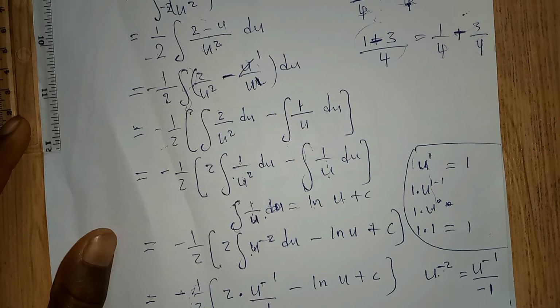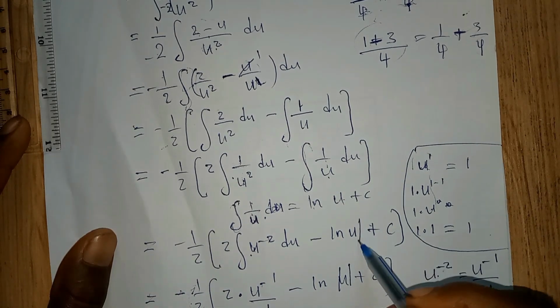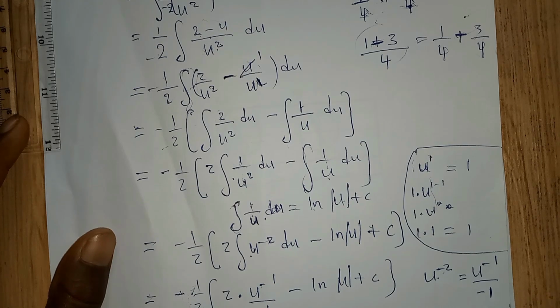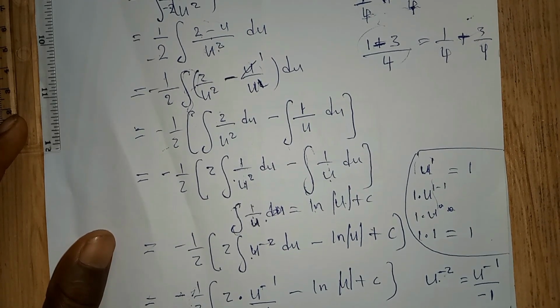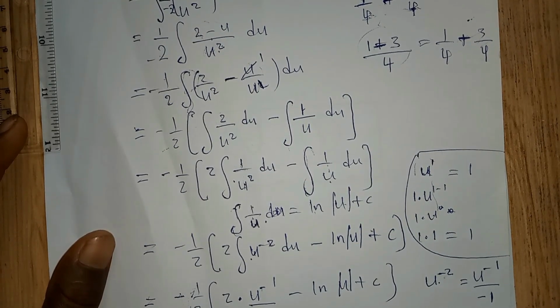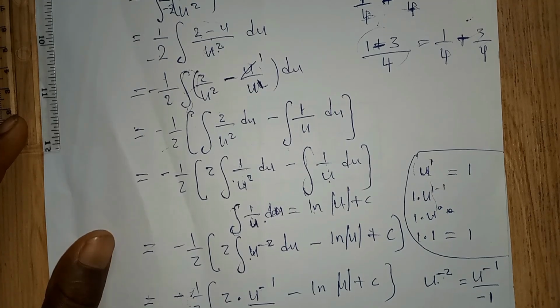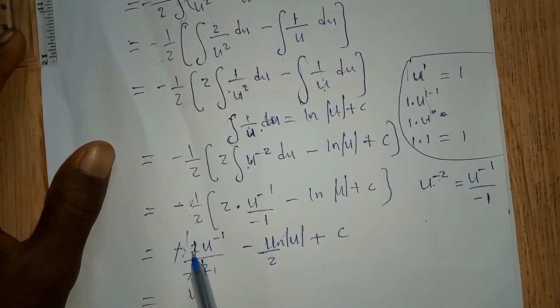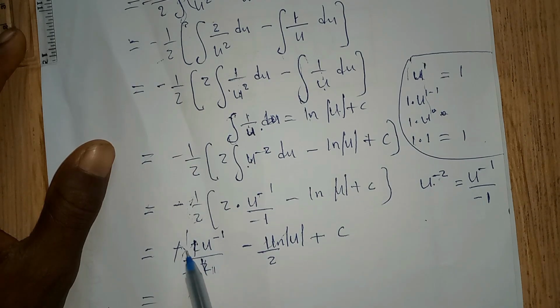Let me put this u like this so that we don't get confused. Here the 2 cancels the 2, and the minus cancels the minus.